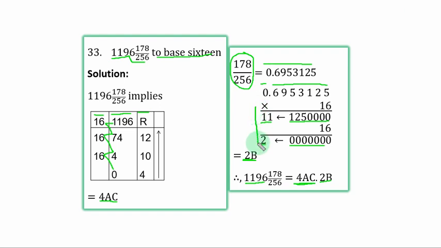I'm supposed to write this one as 0.B2. Most times when we are writing a letter and a number, we give preference to the number first. So B2 is also written as 2B. That is what happened. So while we replace this 0, that is the whole number part, you replace it with 1196, whose value is 4AC. 0.2B. Are you following?